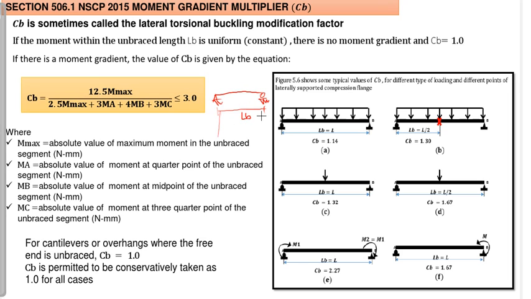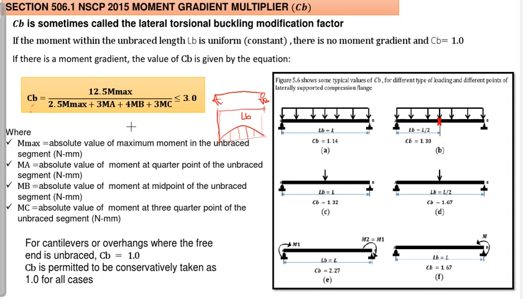So pag magkakaroon tayo ng moment na hindi siya uniform, for example that. So yung moment natin is not uniform at any point in our unbraced length. So, iba-iba yung moment natin dito sa points within our unbraced length. Magkakaroon tayo ng CB or yung moment gradient multiplier natin.